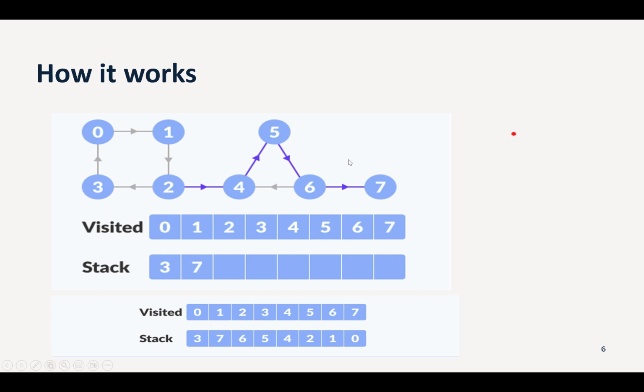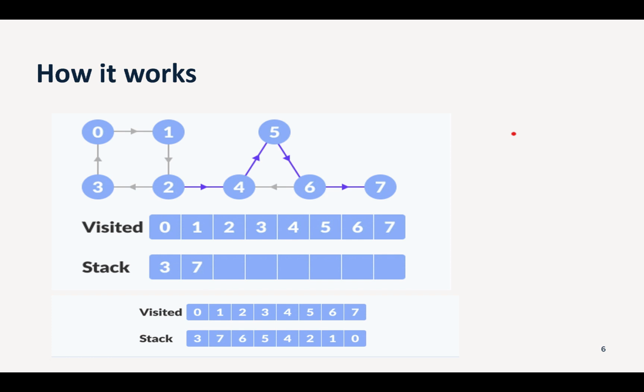From 7, I go back to 6, and 6 is pushed to the stack, and then 5, and then 4, and then 2, 1, and 0. So we've visited 0 through 7, and in order, we have pushed 3, 7, and then 6, 5, 4, 2, 1, 0 into our stack. And this is done with depth first search.